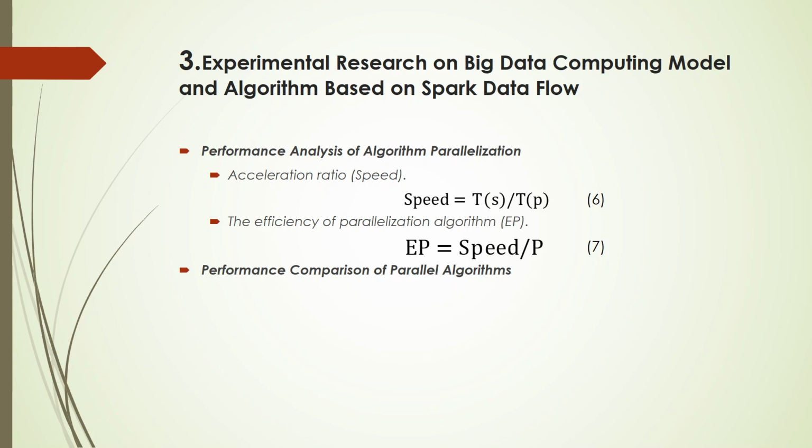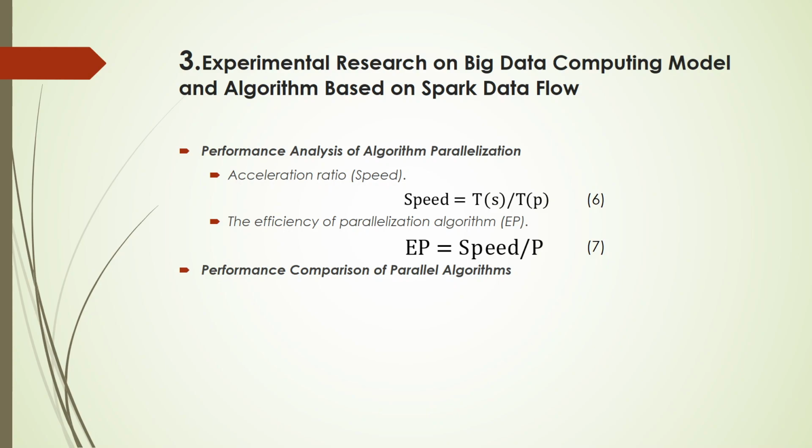The experimental data must be converted into the performance comparison data according to the performance evaluation formula, to let everyone clearly and accurately see the performance pros and cons in line graph and histogram form: speedup ratio, speed.